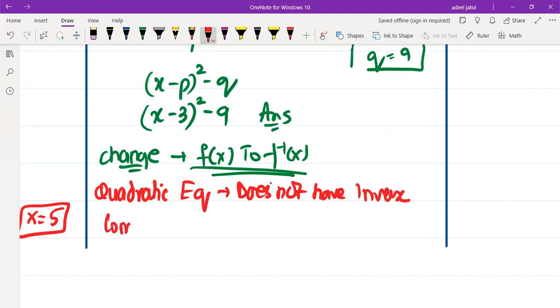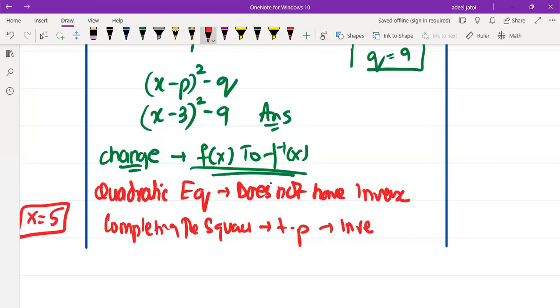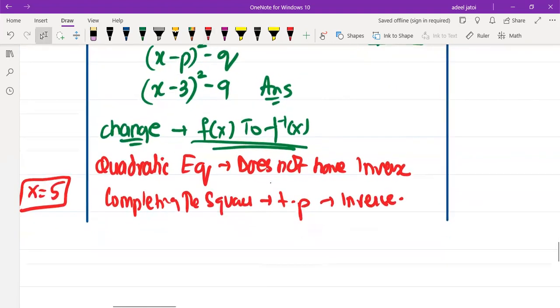But the completing the square form gives me the turning point, and from the turning point we have the inverse. I repeat, the completing the square form gives me the turning point, and the turning point shows me the inverse. So whenever I need to find the inverse, I will be taking it from the completing the square form only.